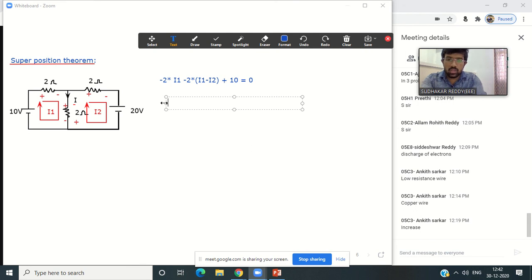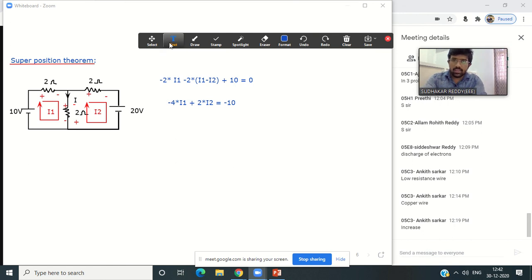You will get minus 4I1, plus 2I2. Take the 10 to the right side, and it will become minus 10.